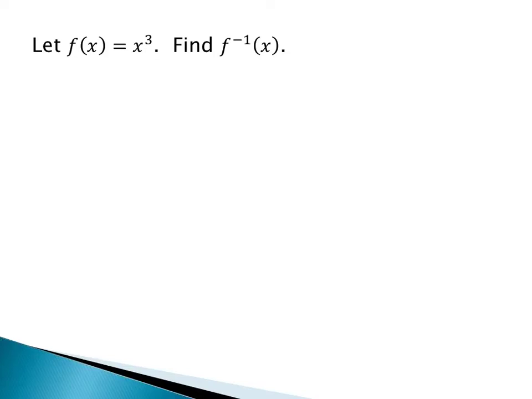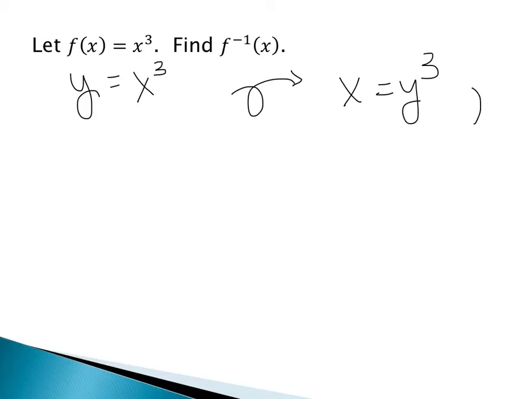Next one. It doesn't matter what the function looks like, we can still find the inverse. We know from last time that this passes the horizontal line test, so it is one-to-one, which means it does have an inverse. Let's call this y. And then we're going to switch the x and y.